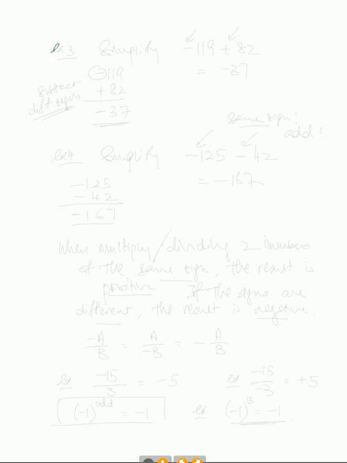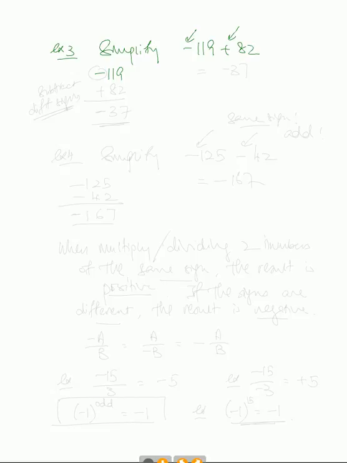So let's look at two more examples. Let's look at example 3. Can you simplify -119 plus 82? Remember, the sign is what is in front of the number, and you can see the signs are different. Put the numerically bigger number on top.